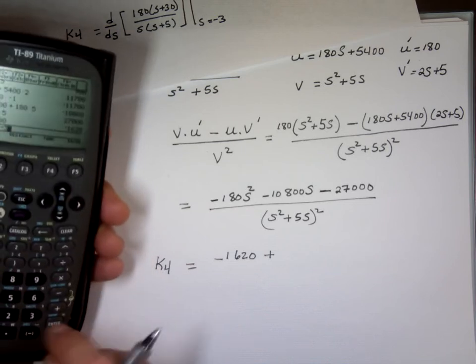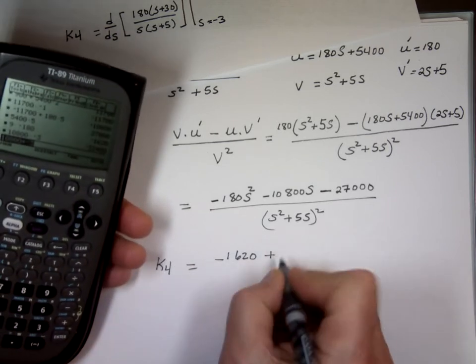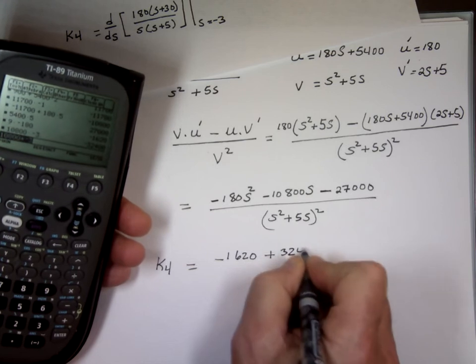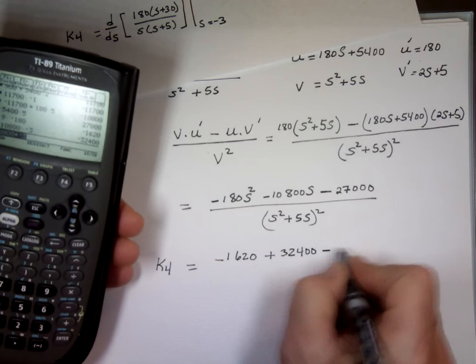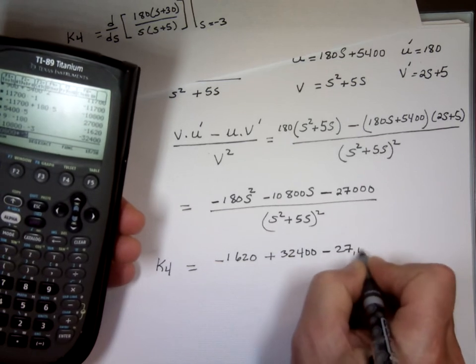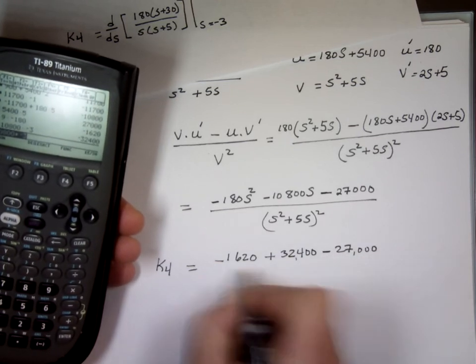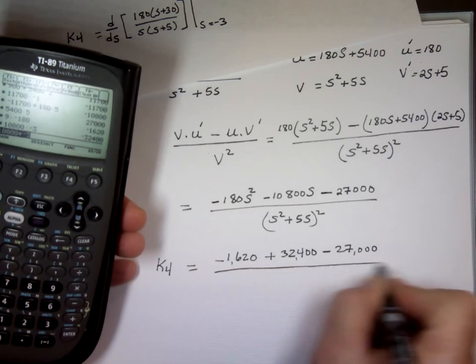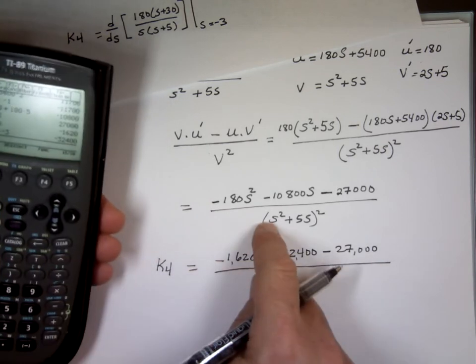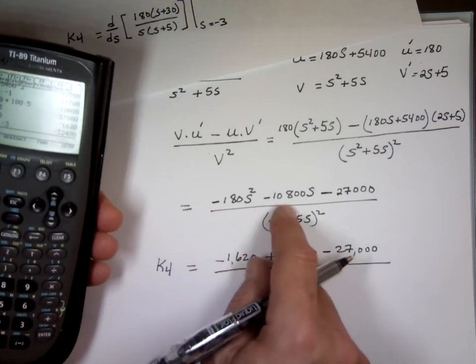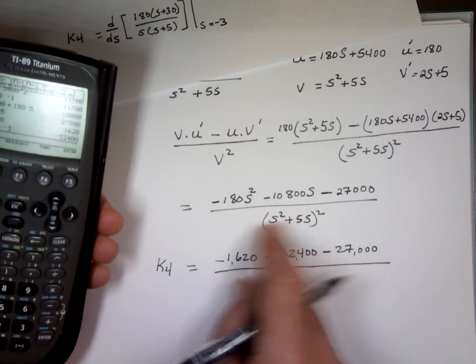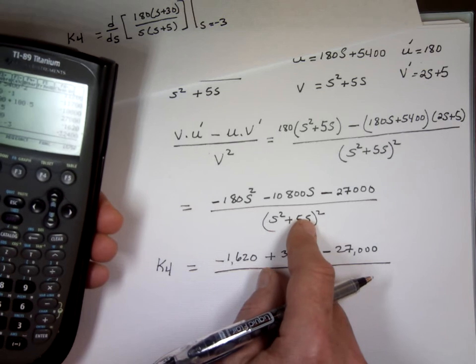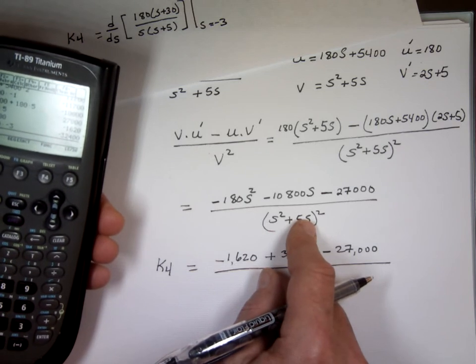That'll be a plus 32,400 minus 27,000, all divided by negative 3 squared, which is 9. 5 times the negative 3, negative 15. What's 9 minus 15? Negative 6. Square that, 36.